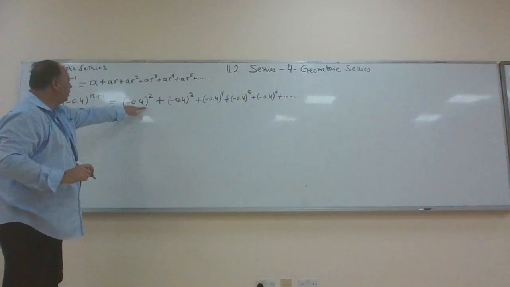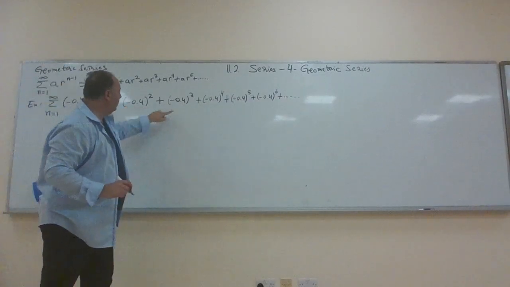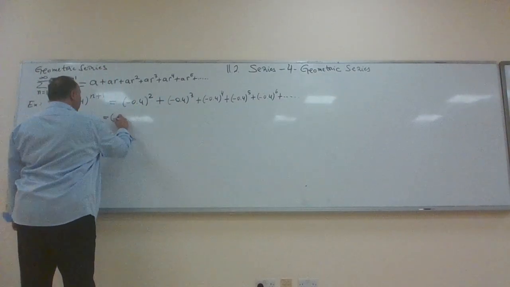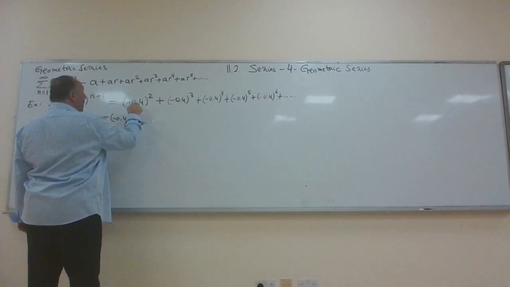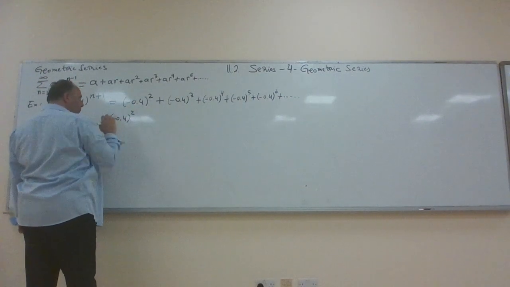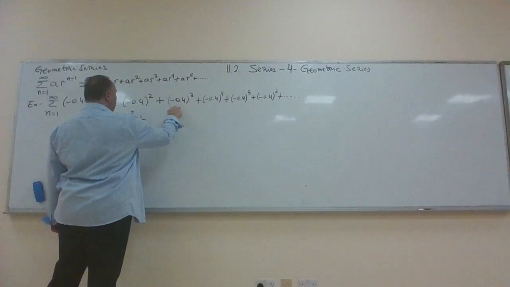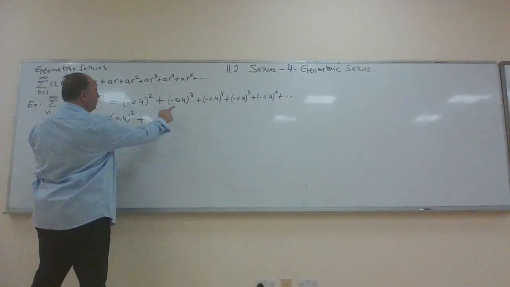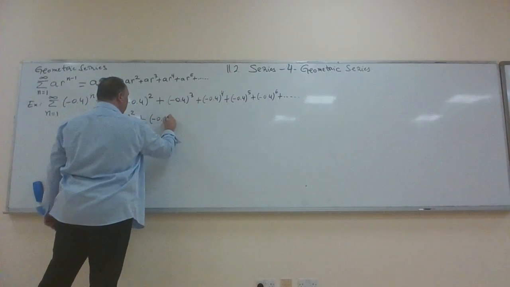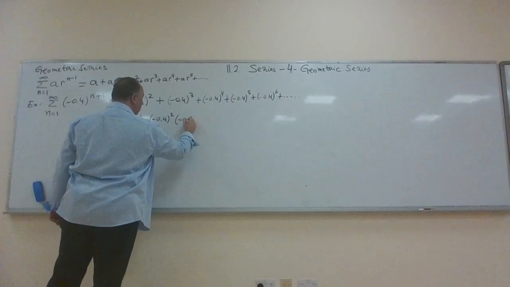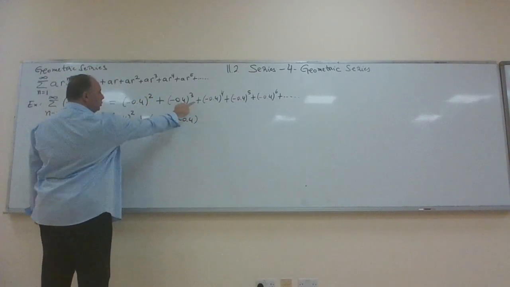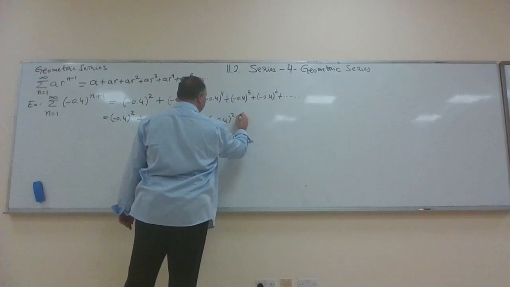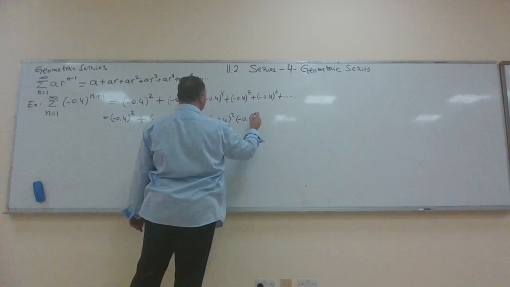So this is my first term. And then my second term, I need to split it into first term times R. So I'll just copy this, and I keep it. Don't need to recompute, just keep the thing as is. So this here, I have A times R. So here I need to write it as this times this. So these two, power 3. And then just rewriting this part here.